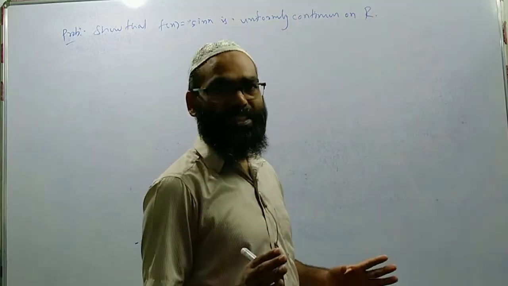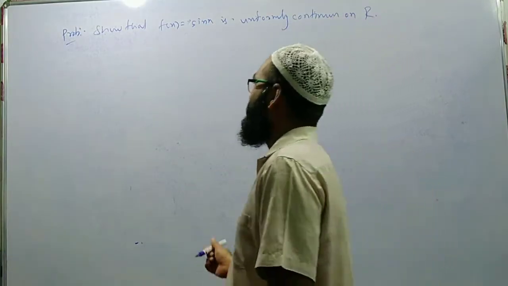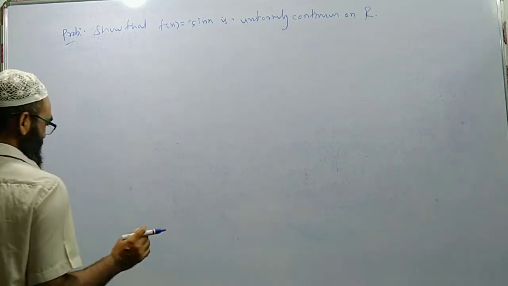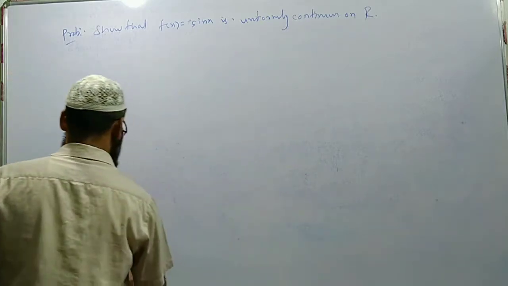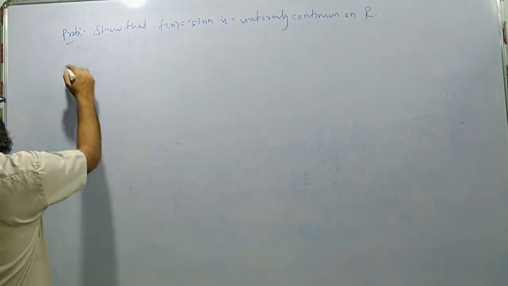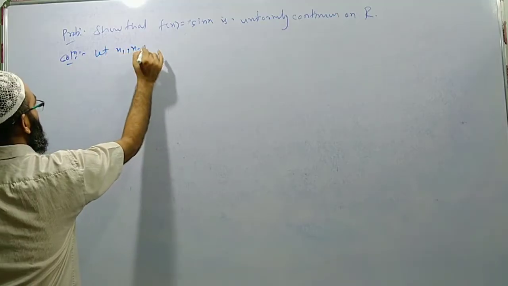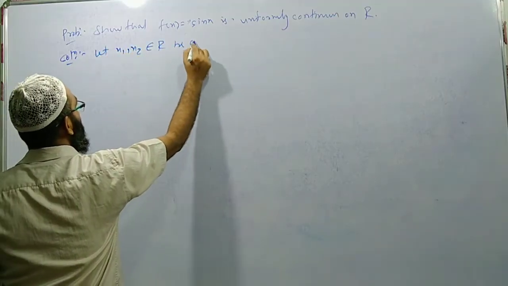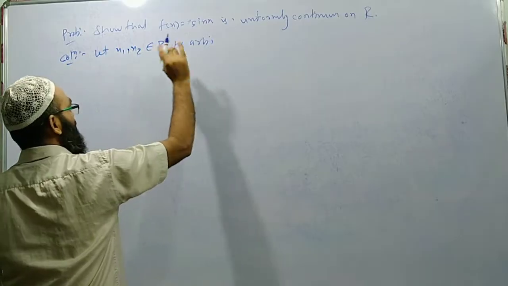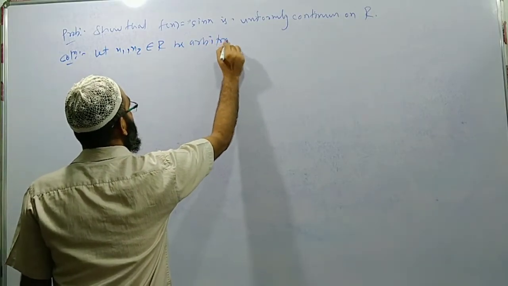We shall prove this using the epsilon delta definition of uniform continuity. The technique was discussed in the previous problem, and we apply this technique here also. The solution: let x1, x2 belong to R be arbitrary, any two points of the set of real numbers R.